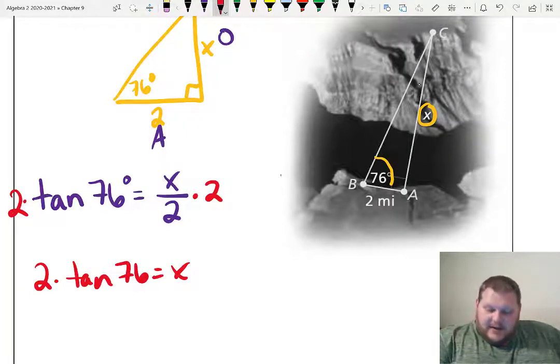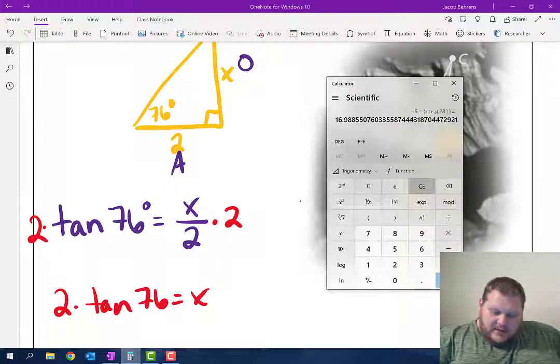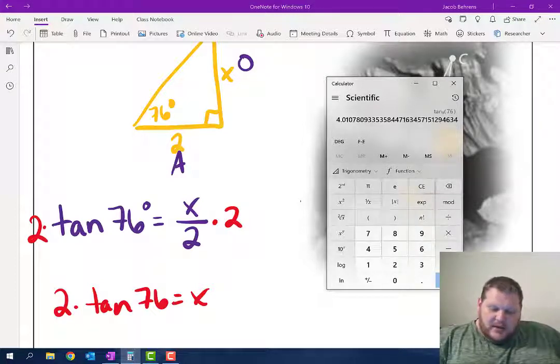So I'll have to bust out my calculator again. Go ahead and clear that. So now the tangent of 76 ends up being 4.01078 something something something. I have to multiply that times 2, and that gives me 8.021 yada yada yada.